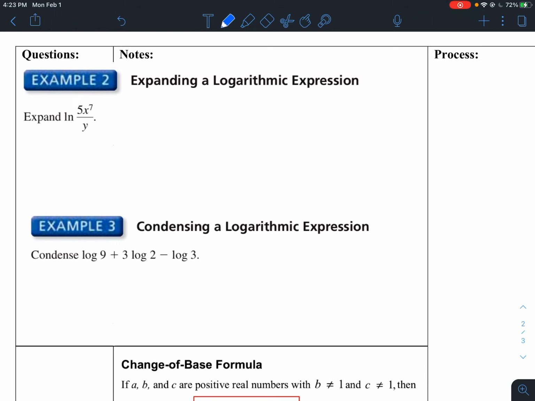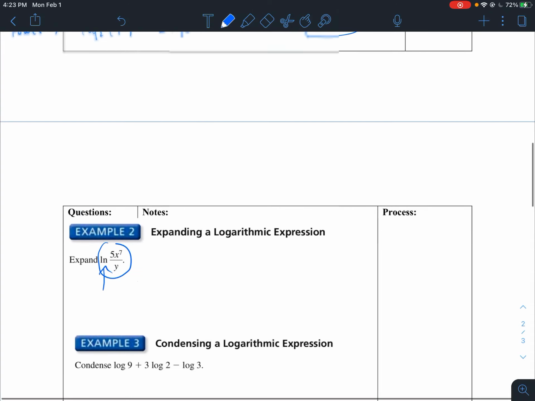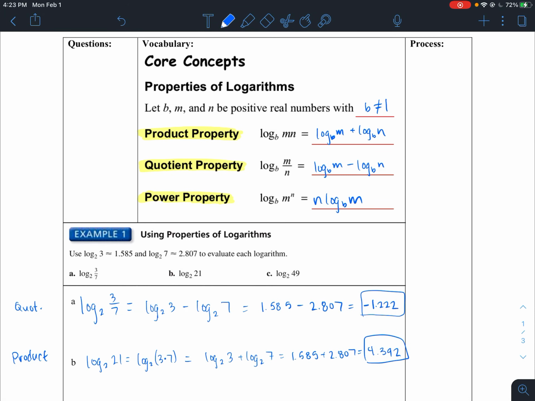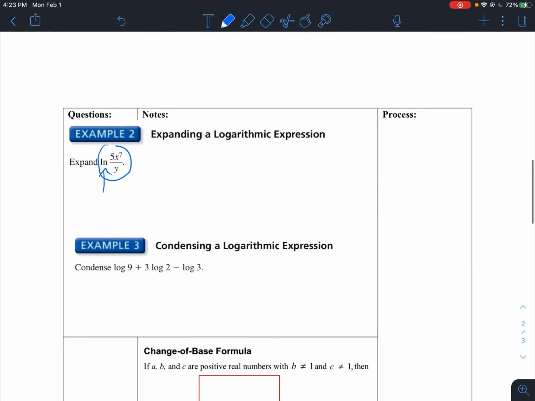Pretty much what you do is use those product properties, quotient properties, and power properties in order to expand this logarithmic expression. Just note that just because it's a natural log doesn't change anything about how we use these properties. Natural logs can still be used with these properties because a natural log is still a logarithm.